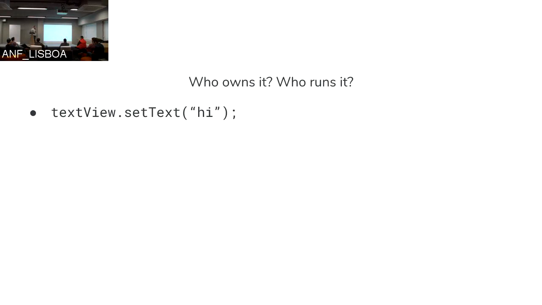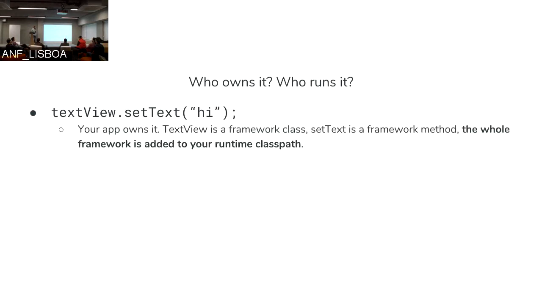Like when you call text.setText, who is running this? Which process? Come on, guesses. Zygote becomes irrelevant once your app runs. At this point, your app is running. It's no longer Zygote anymore. Anyone else? Actually, no. This runs in your app.